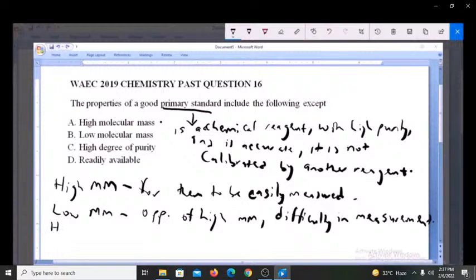High degree of purity. For high degree of purity, the primary standard must have a sufficiently high degree of purity such that calibration is not needed.